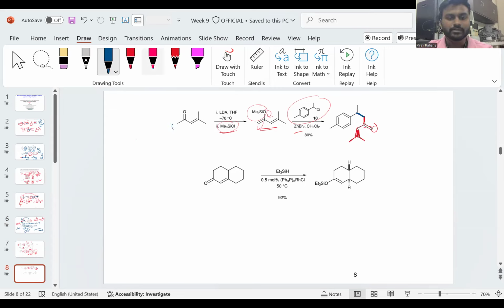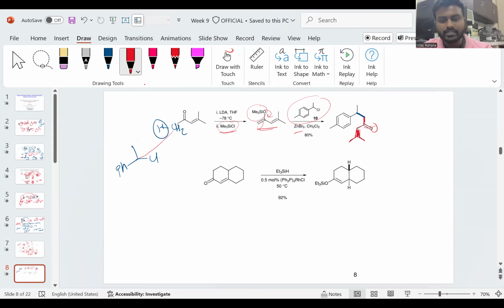So we have selectively abstracted the proton and attached the phenyl group. So this new carbon-carbon bond is getting formed with these steps.